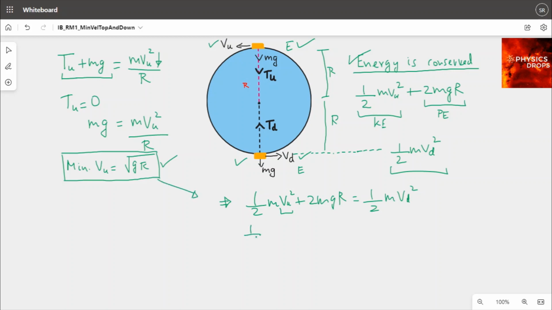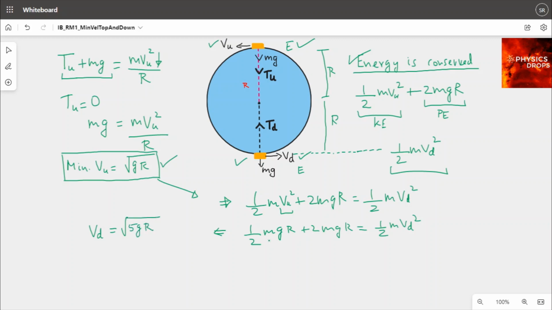We get 1 by 2 m, root gr square is nothing but gr, plus 2mgr equals half m Vd square. Now, if we cancel out all the m's, which is common, and simplify, then what we get here is the minimum velocity at the down position, equal to root 5 times gr.